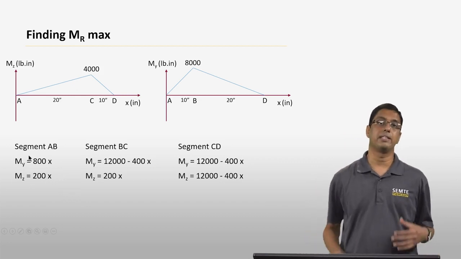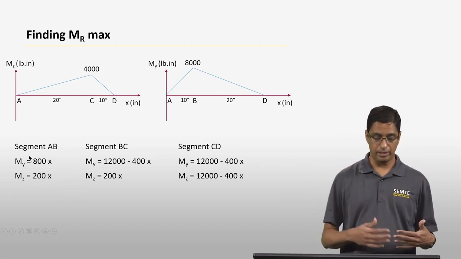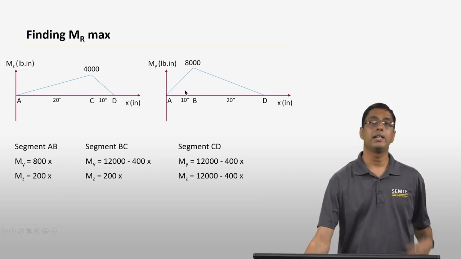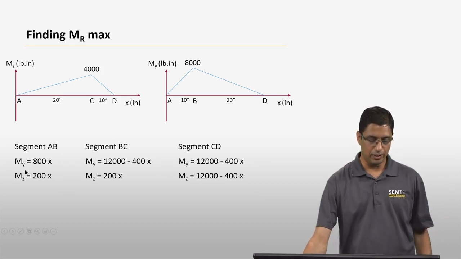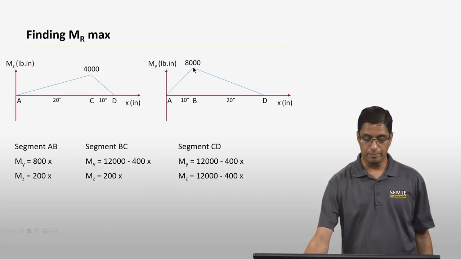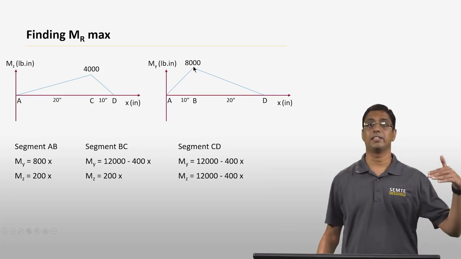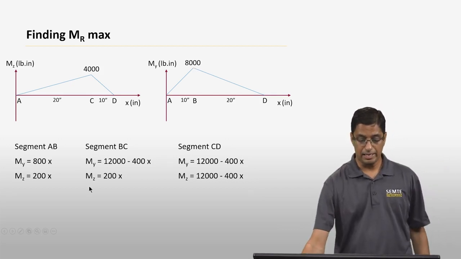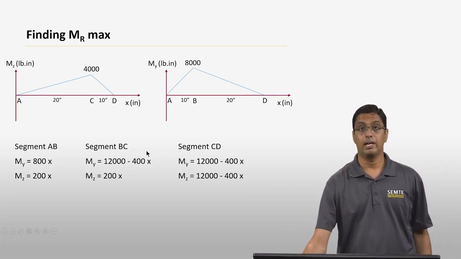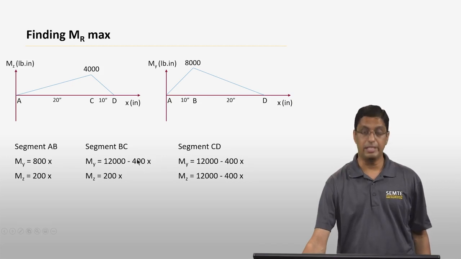Similarly, you can find the functions for My for the segments AB, BC, and CD. For the first segment AB, it is 800x. From the point B onwards, it has a downward slope, which means it is going to have a negative constant in terms of x.